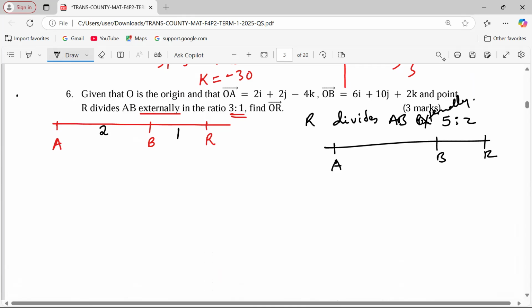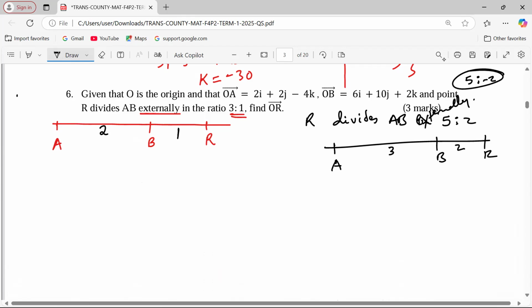R divides AB externally in the ratio 5:2. It means from A to where point R is, we have a total of 5 proportions. But from where R is back to B, we have 2 proportions. Because the total from A to R were 5, there remains a 3 at this point. So that's how you interpret external division. Instead of being told externally in the ratio 5:2, you can be told simply in the ratio -5:2. It will mean the same.